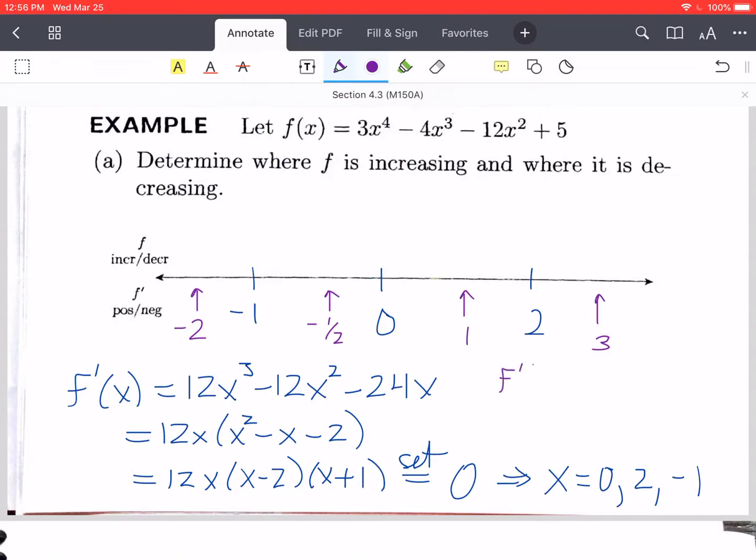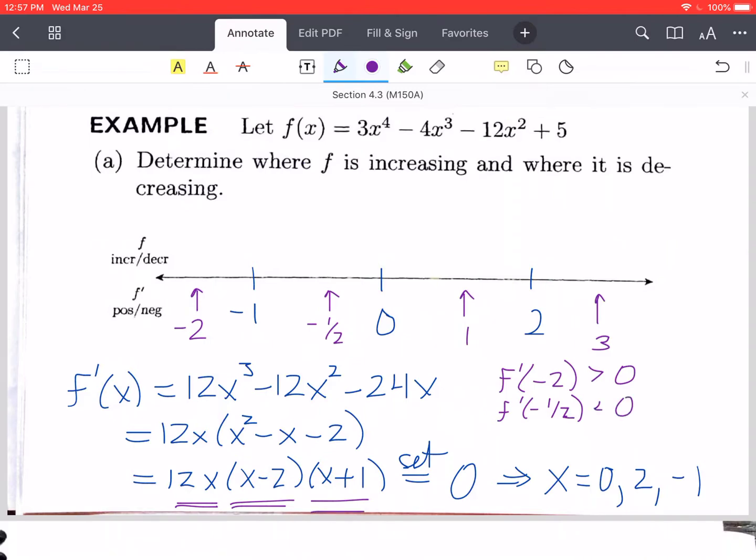So if we did that, we get f prime of negative 2. So plug that in, that would give us a negative times a negative times a negative. So that would actually become positive. F prime of negative 1/2. That would be negative times positive.